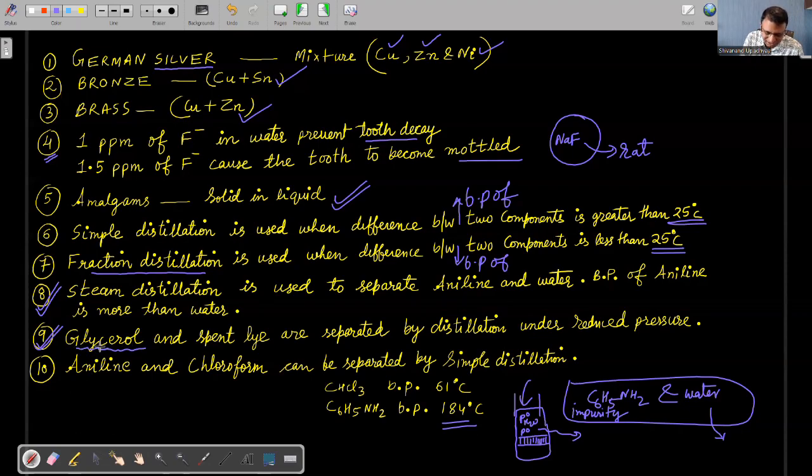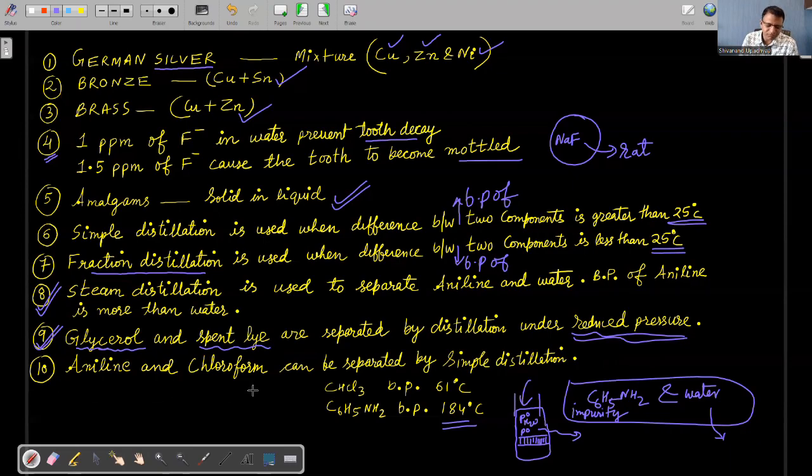So glycerol and spent lye are separated by distillation under reduced pressure. Again here the concept is, reduced pressure means external pressure is decreased. If you decrease the external pressure, the boiling point will become less. If the boiling point becomes less, the substances like glycerol and spent lye can be separated. So reduced pressure, glycerol and spent lye.